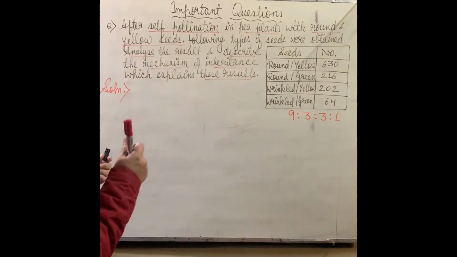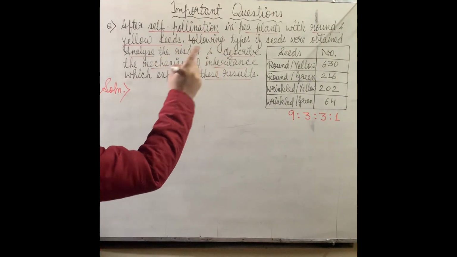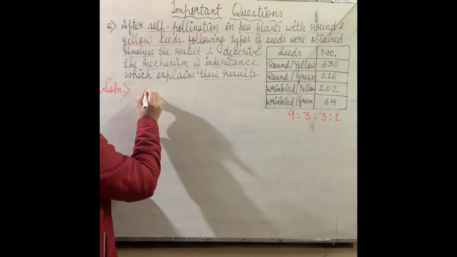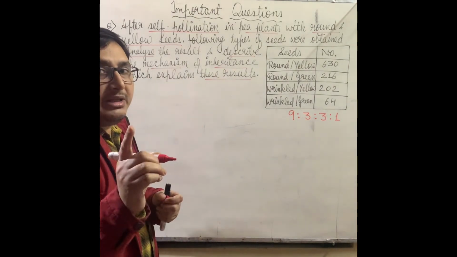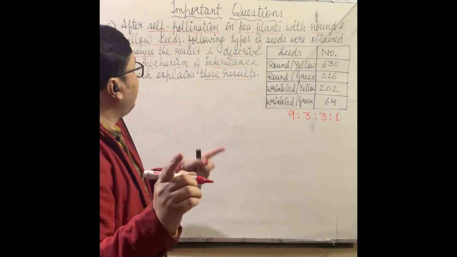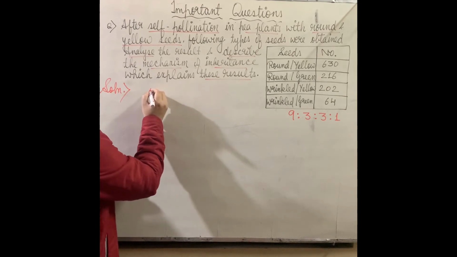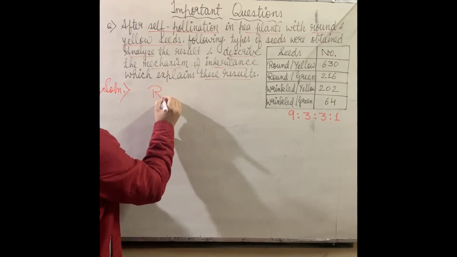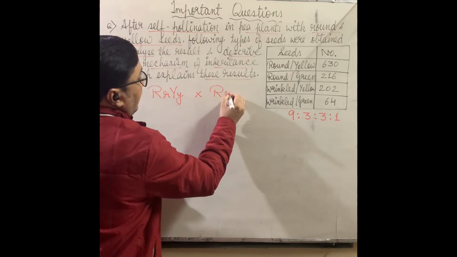Fine. So what was there in the F1 generation? Plants with round and yellow seeds. Okay, round and yellow seeds in F1 generation, that means round will be heterozygous round and yellow will also be heterozygous yellow. So what will be the genotype then? Round and yellow selfing with round and yellow.